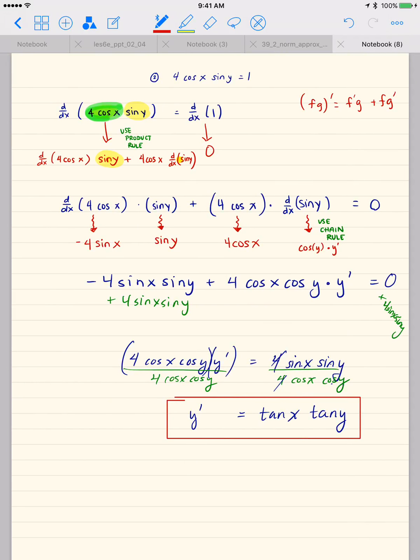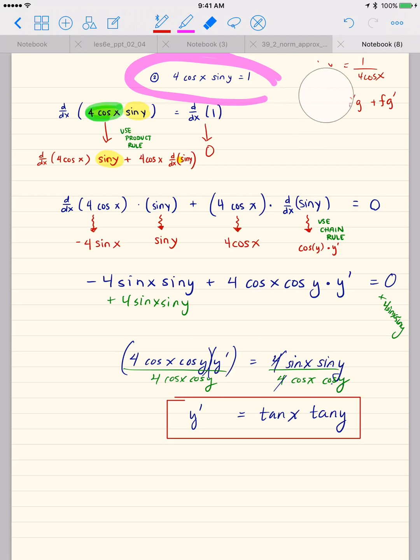So now, let's do the third one. I actually want to point out for the second one, because this is what we started off with, this was our original question up here, our original curve, we could have rewritten it as sine y equals 1 over 4 cosine x.